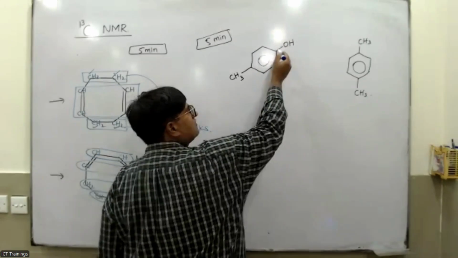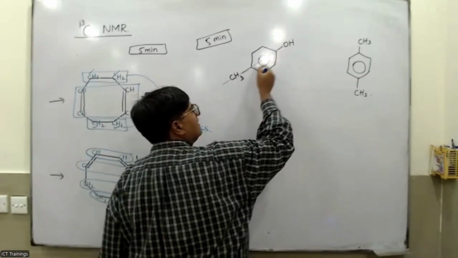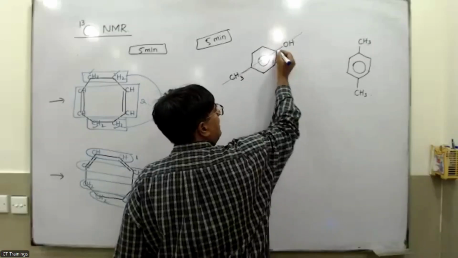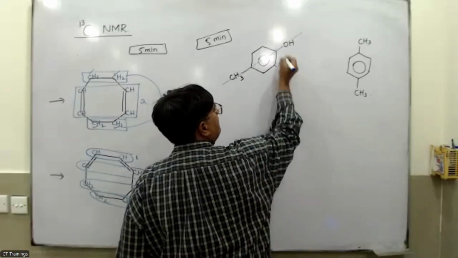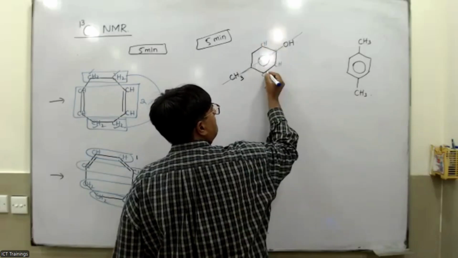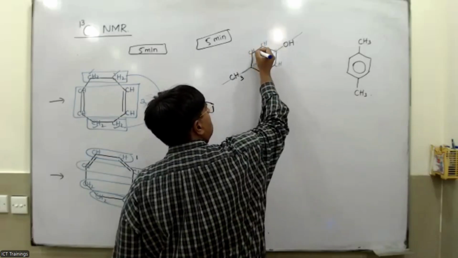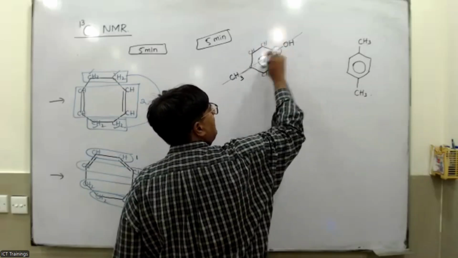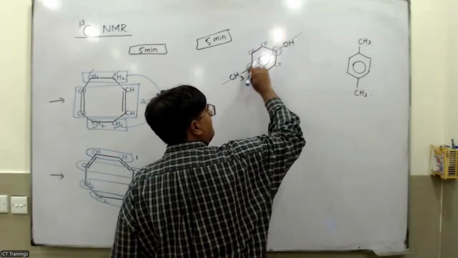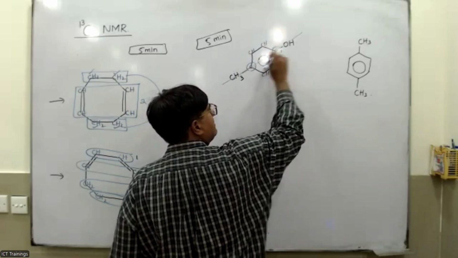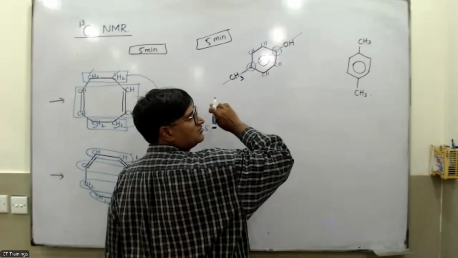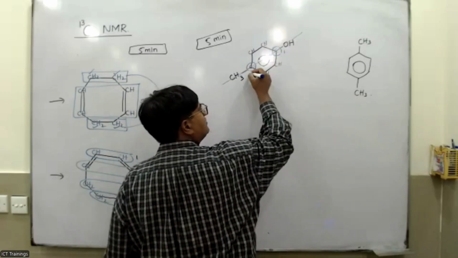So if you look from here, we can cut it into two equal parts because here groups are attached. This is carbon, this is CH, this is CH, this is CH, this is CH, this is C. So this carbon is in a different environment and this carbon is in a different environment, because this carbon is joined with OH and this carbon is joined with CH3. So this is one, this is two.